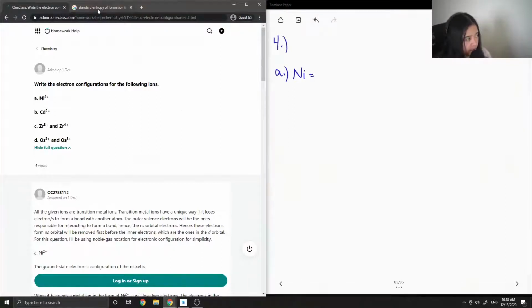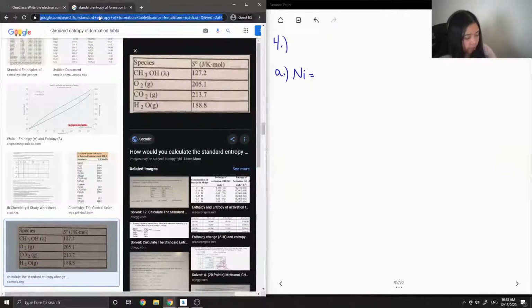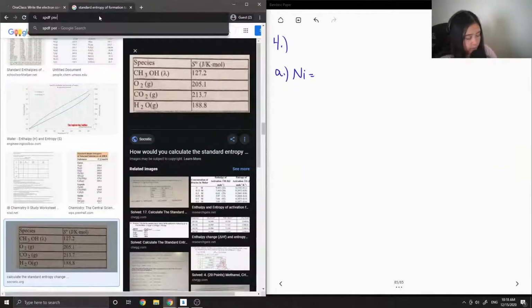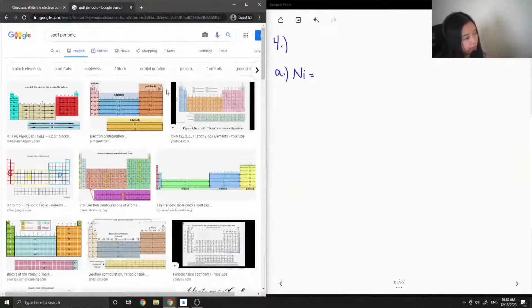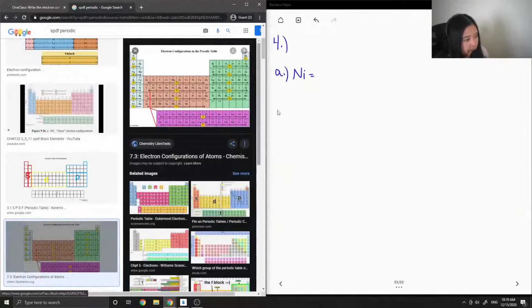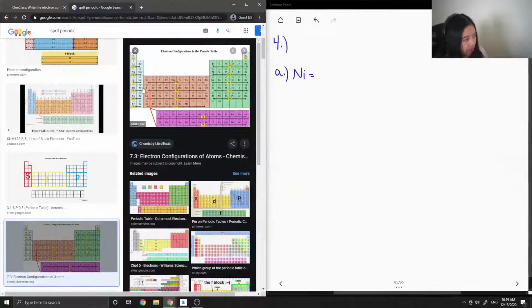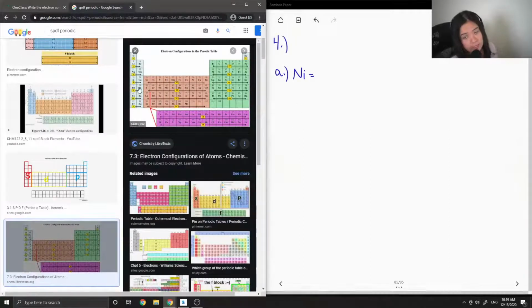So first, let's look up the periodic table with all of the S, P, D, and F blocks organized. Okay, so the light blue columns is the S block.